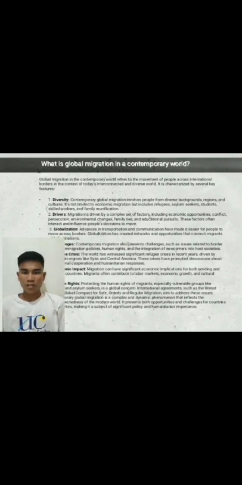This movement encompasses a wide range of motivations, from the pursuit of economic betterment and family reunification to escaping conflict, persecution, or environmental challenges such as those driven by climate change. It significantly influences society, economics, and political landscapes worldwide.